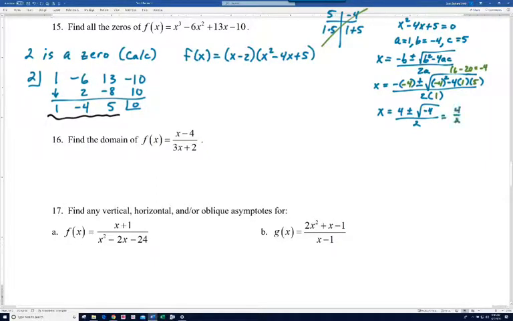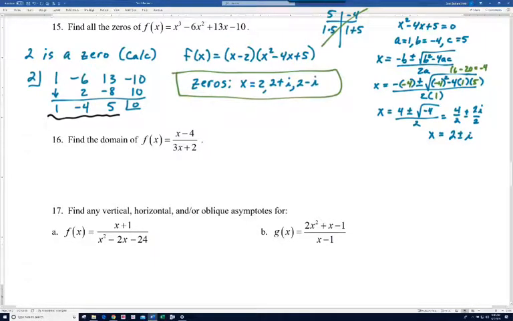This will become 4 over 2, plus or minus. Now remember, if you have a negative under the square root, you're going to be pulling out an i. The square root of negative 4 is 2i, and that's over 2. And so we're going to end up with 2 plus or minus i. And so our zeros are going to be 2, 2 plus i, and 2 minus i.